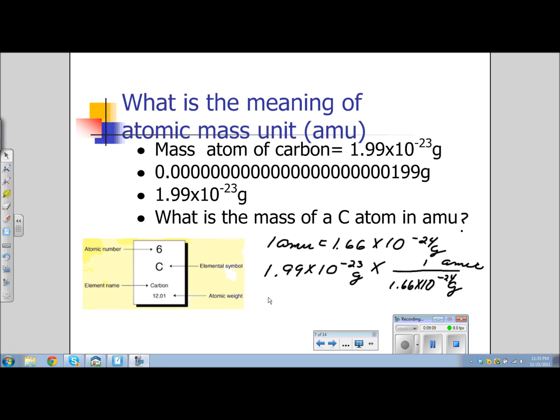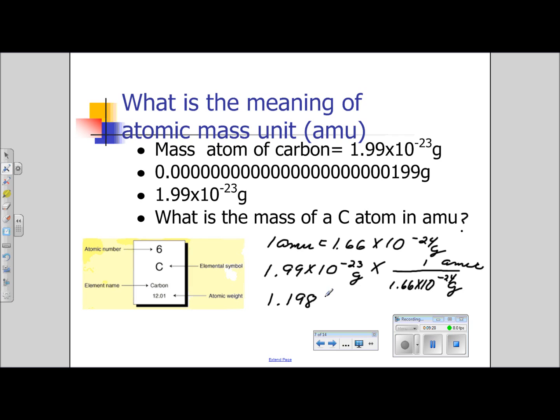The answer to this question is 1.198 times 10 to the first.